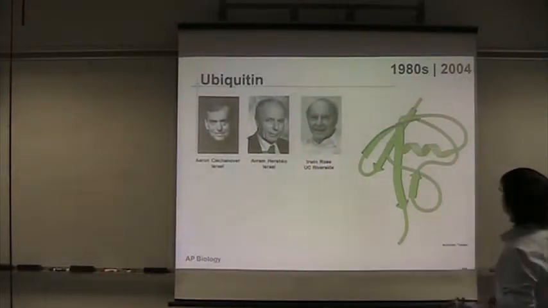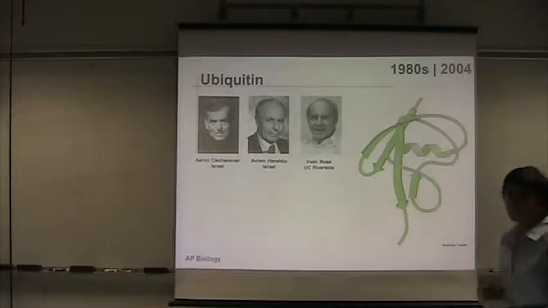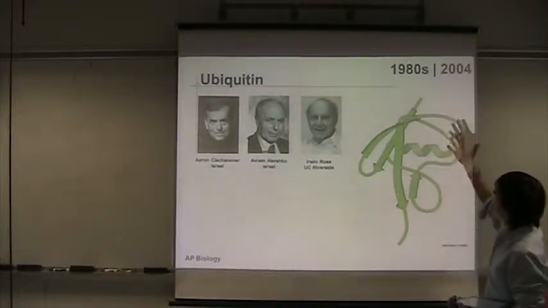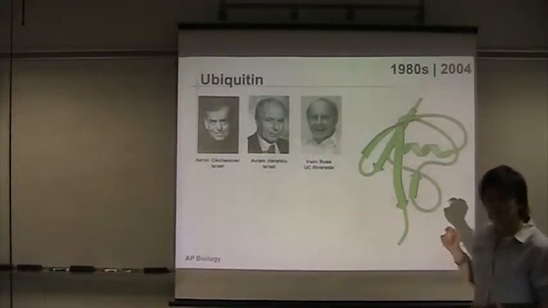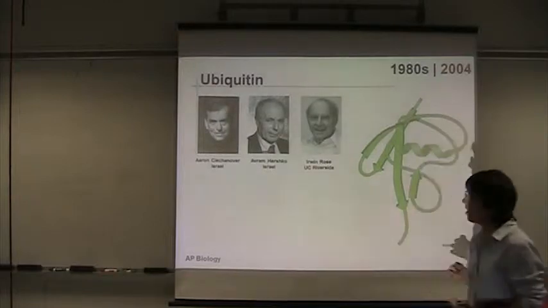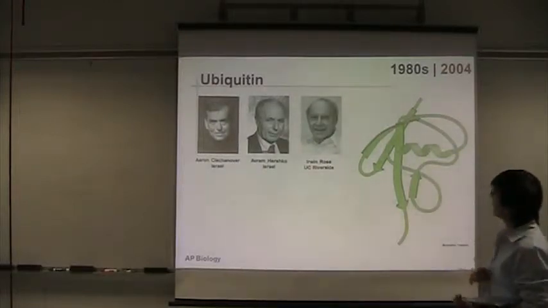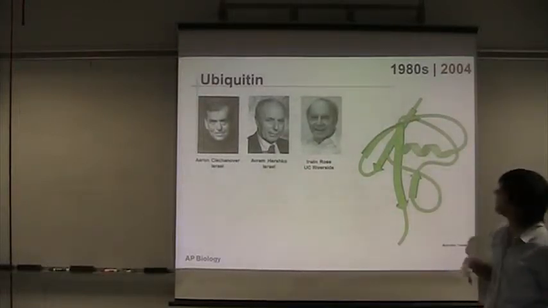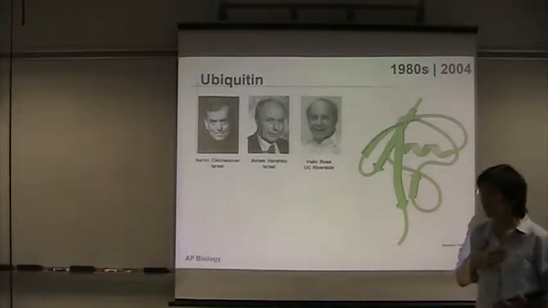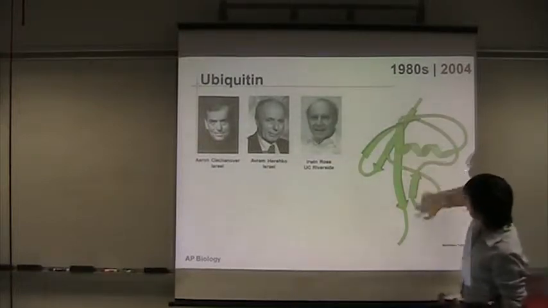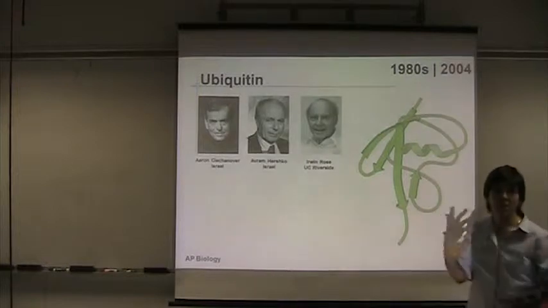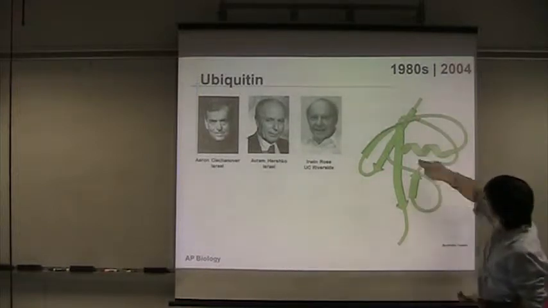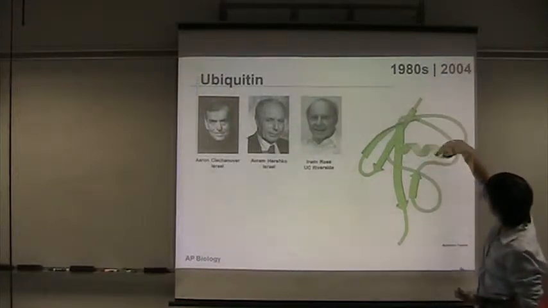Ubiquitin, this is fairly recent. Notice they received the Nobel Prize. Well, we've known about ubiquitin for a long time, since the 80s. But the people that discovered and studied them and figured it out received the Nobel Prize in 2004. And here is a nice representation of what ubiquitin looks like. Nice alpha helix here.